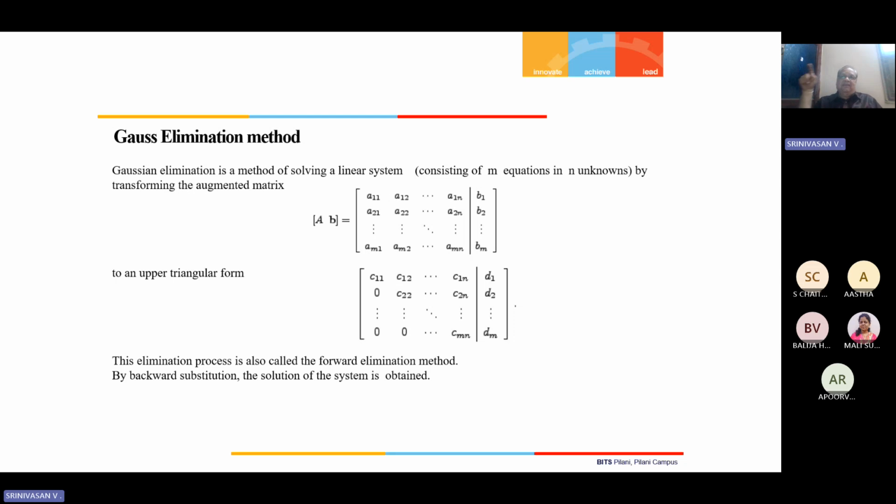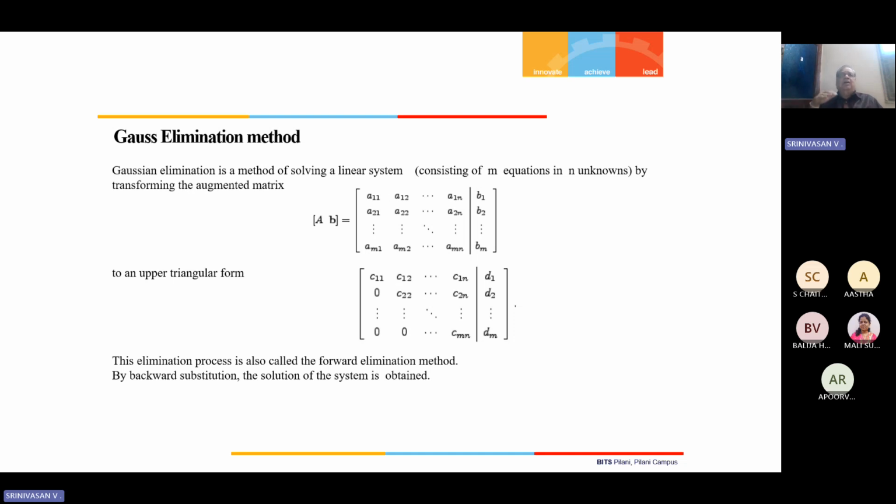So this is exactly what we are getting: reducing the augmented matrix that we write from the given set of equations into its corresponding echelon form, preferably an upper triangular matrix. This is what we do by performing elementary row operations, that is, multiplying a particular row by a constant and then adding it to, or subtracting one row from, the other.